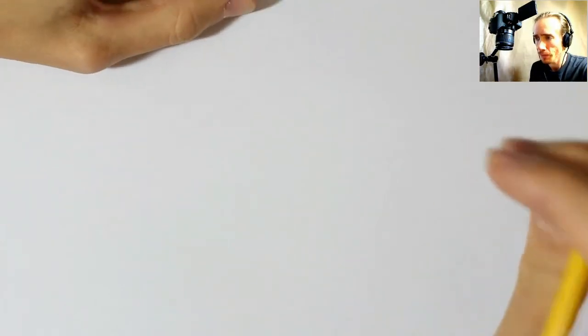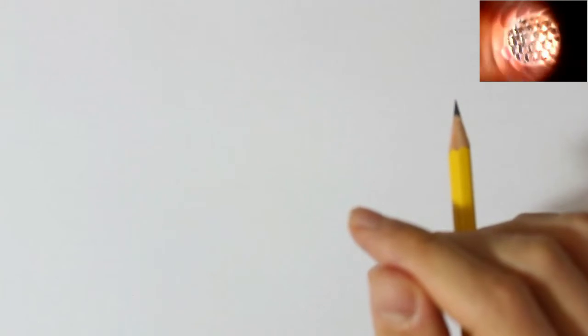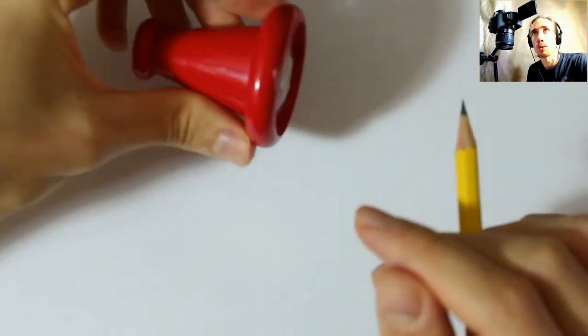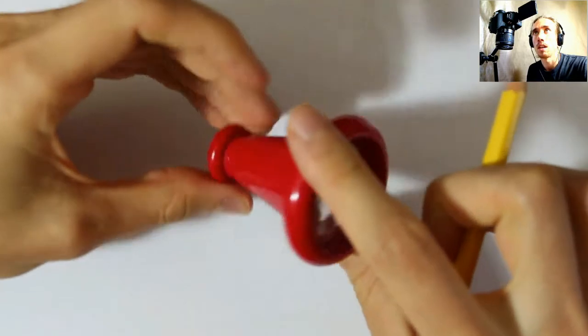Okay, so I'll also be drawing this object here, which is basically some sort of kaleidoscope type thing. As you can see, it's pretty cool. I just found it lying around, and basically it's kind of cone shaped.